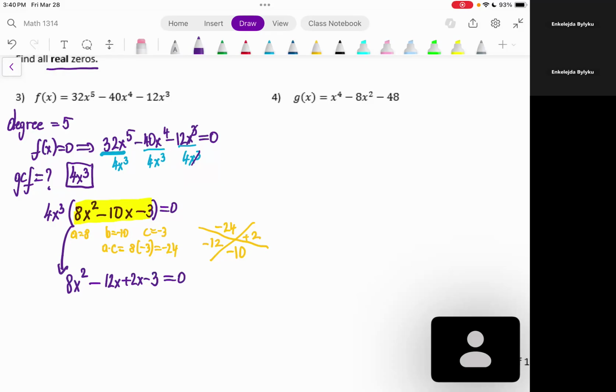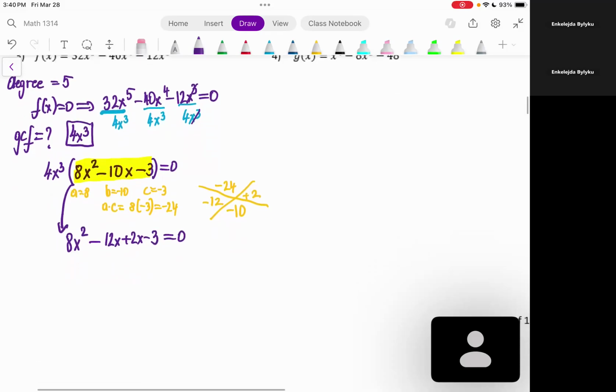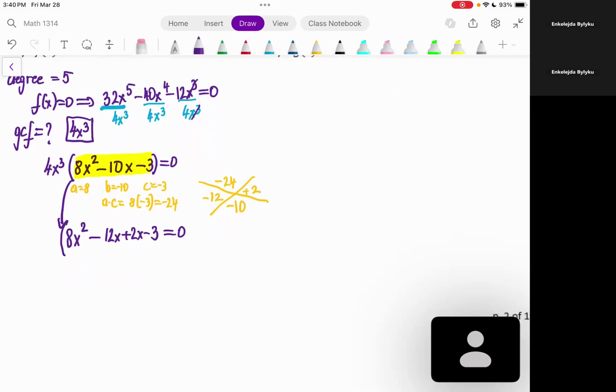All right? Let's not forget, we still have 4x to the third in front. Now I'm going to use the grouping method because I have 4 terms. The GCF for the first two terms is 4x. So I'm going to divide both of them by 4x. And the GCF for the second two terms is nothing actually, so we're just going to put a 1.